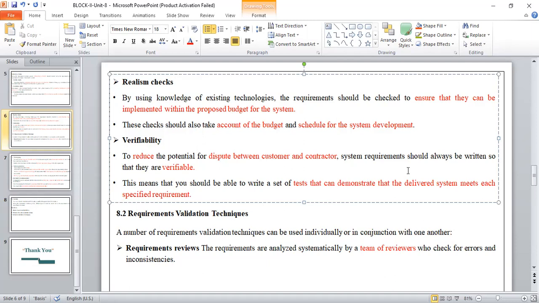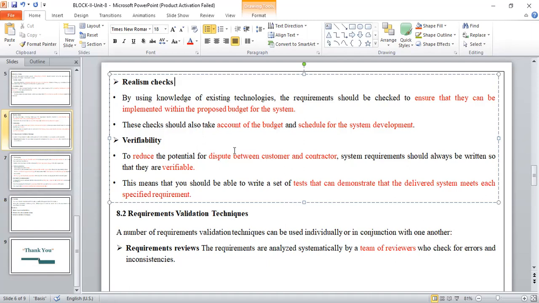This means that we should be able to write a set of tests. How are the requirements verifiable? It can be done by writing a set of test cases that can demonstrate that the delivered system meets each specified requirement. Therefore, verifiability means what?